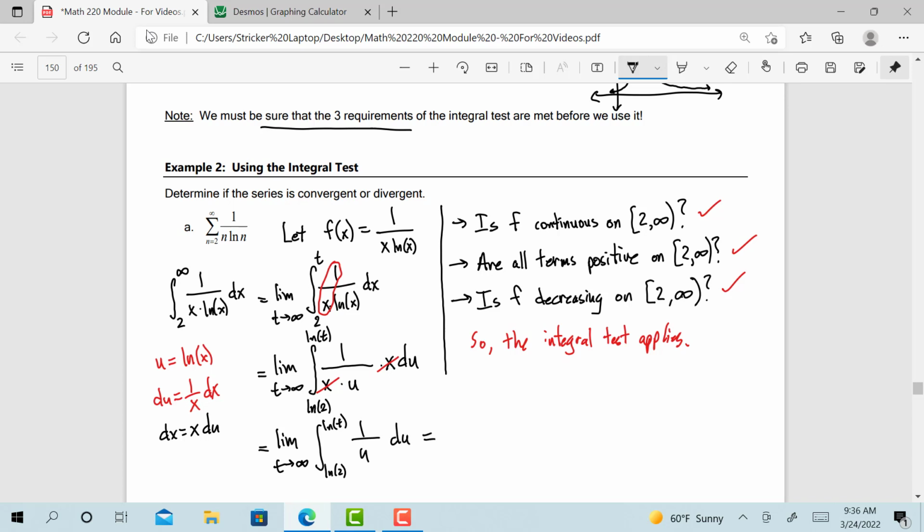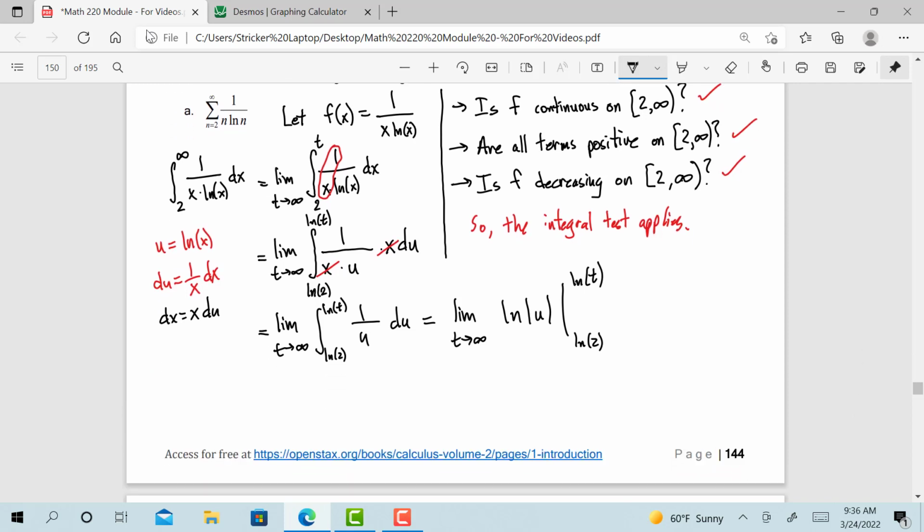And we know that that becomes the natural log of the absolute value of u, and then we just plug in our limits of integration.